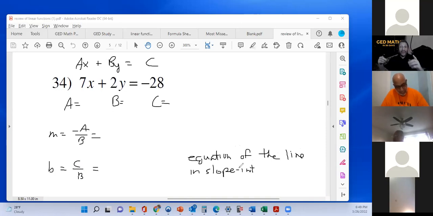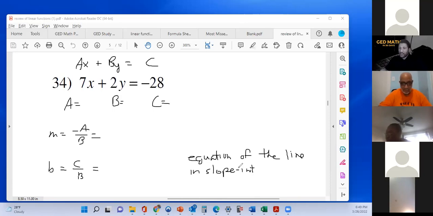The reason why I'm having you do all this is because I don't know what they're going to ask you. They might give you standard form and ask for the slope, or the y-intercept, or the slope of the parallel line, or the slope of a perpendicular line. So I need you ready for everything. This is why I'm modeling how I want you to do it.